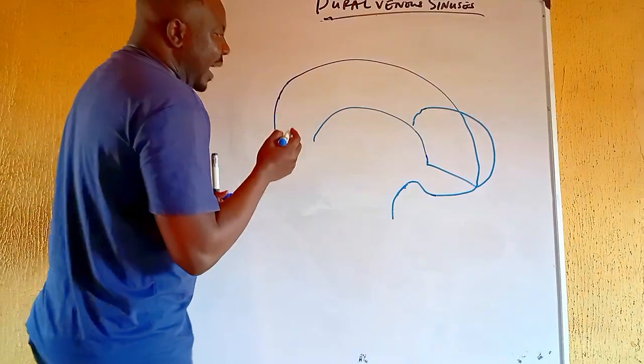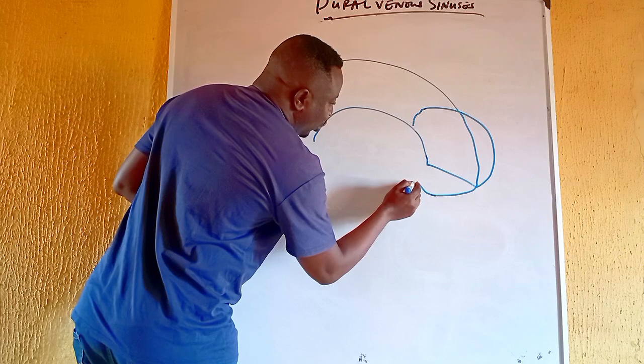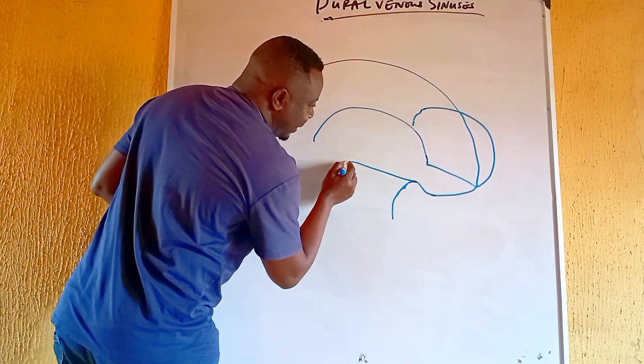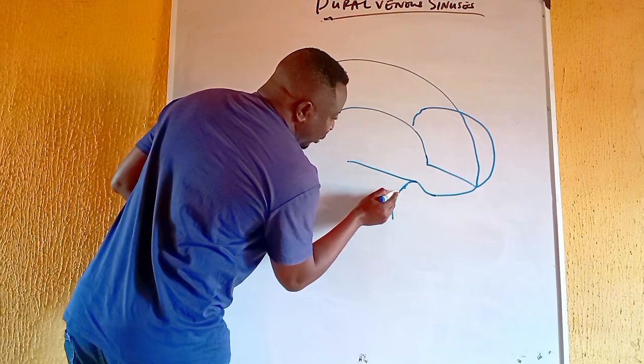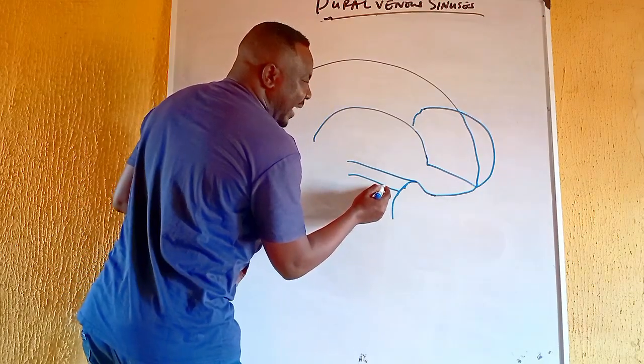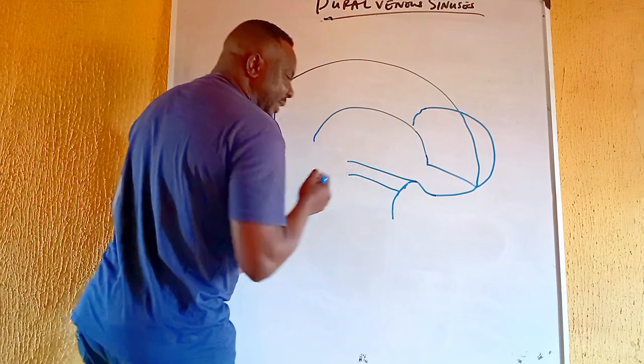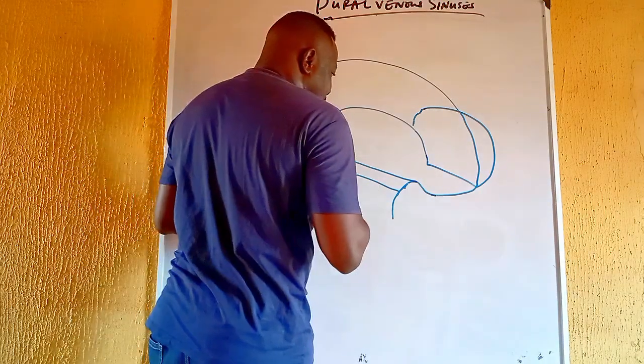Now, we also have what is referred to as the superior petrosal sinus and the inferior petrosal sinus. The superior and inferior petrosal sinuses are located around the petrous part of the temporal bone.